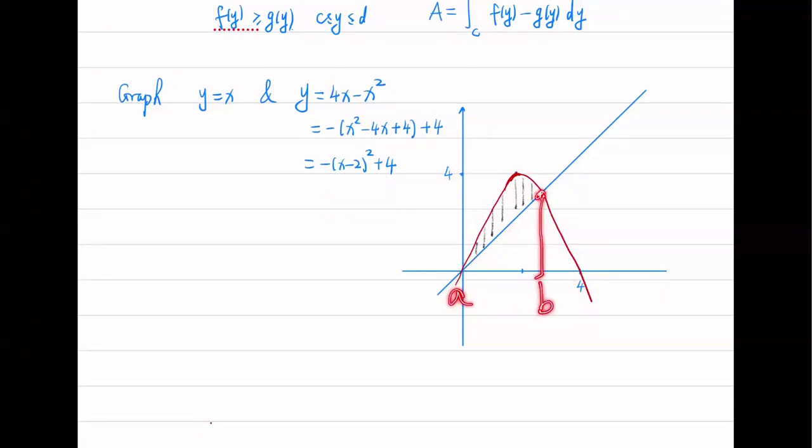Sophia, any idea how to find this point? You set an equation: x equals 4x minus x squared, and you solve for the intersection point.